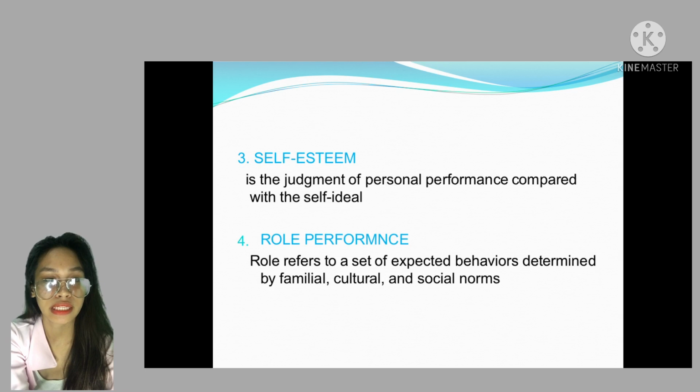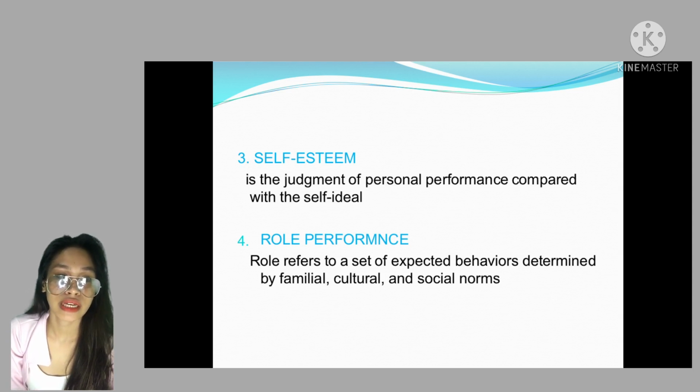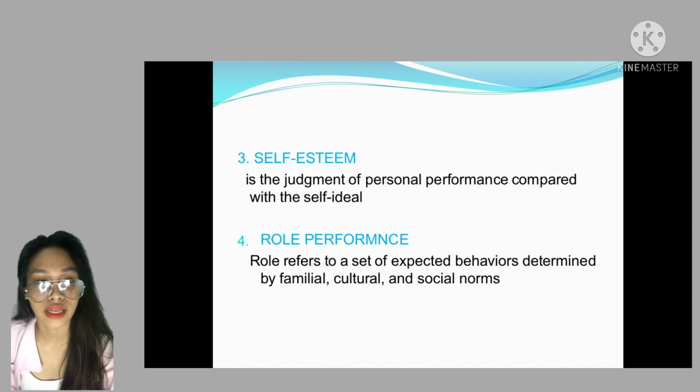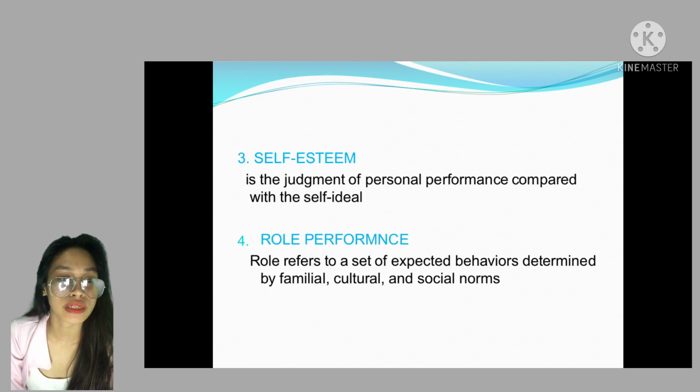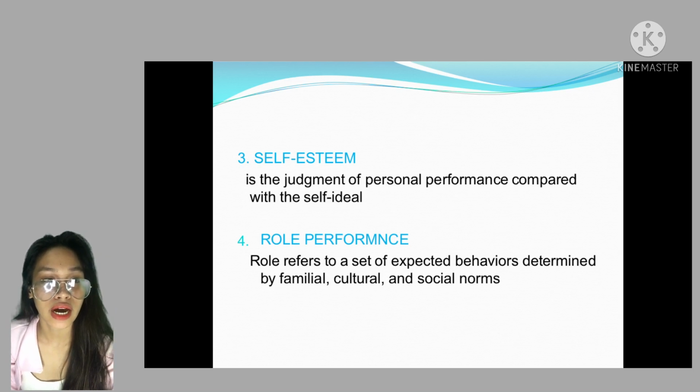People with an internal locus of control perceive that they can affect their own destiny, as opposed to people with an external locus of control, who perceive that others affect their destiny.